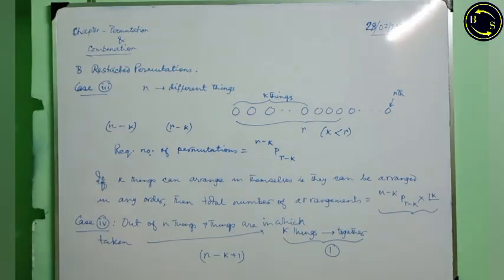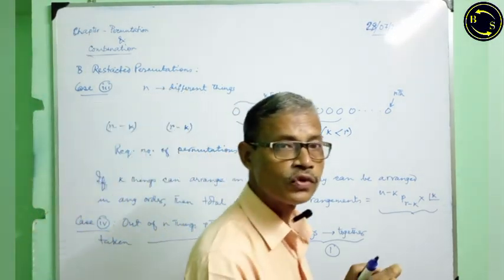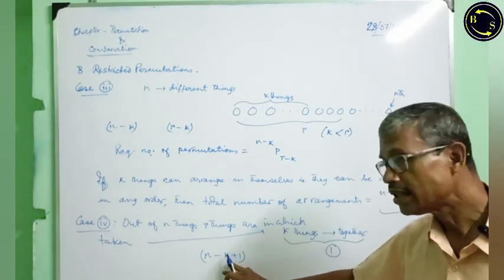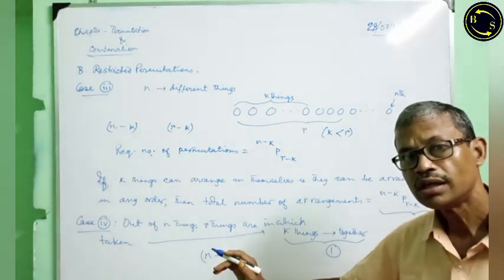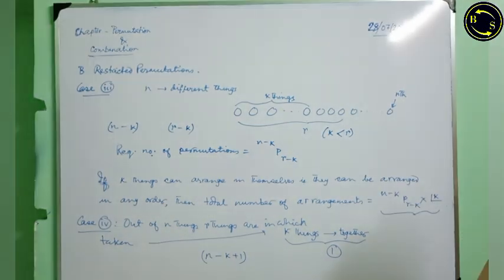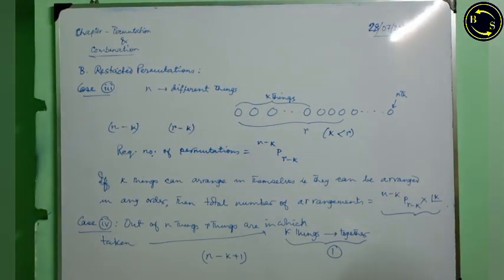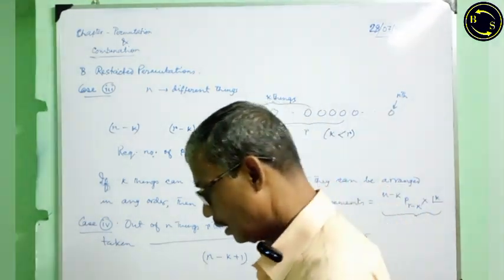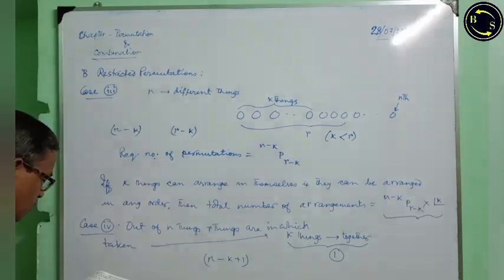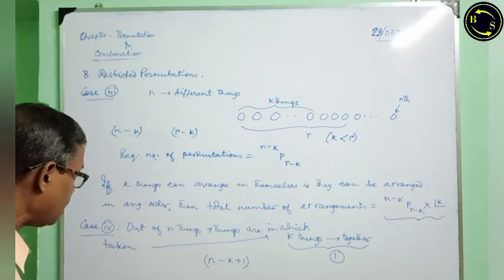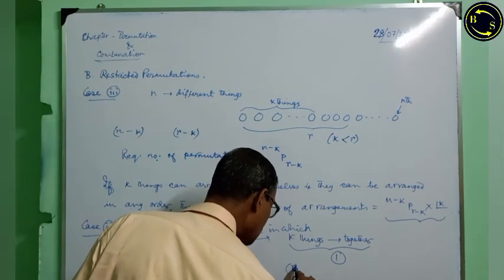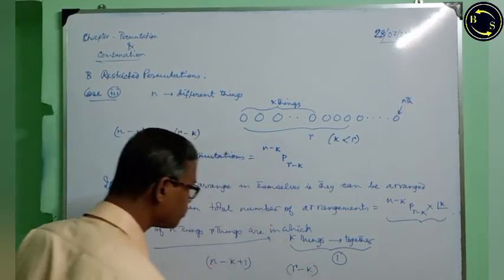We subtract k things first from the total, then in place of those k things which will be together, we consider 1. From that, we have to take the remaining r minus k things.